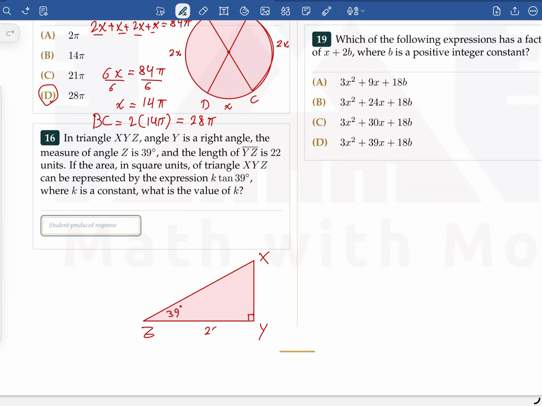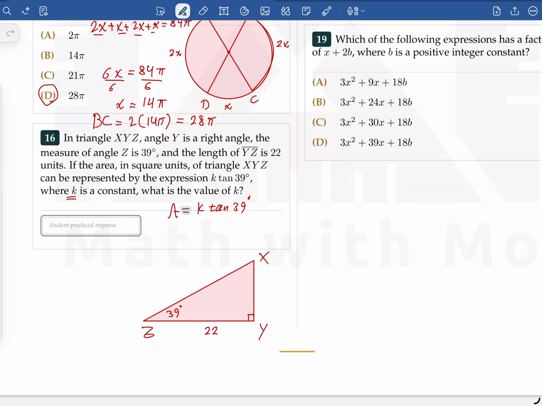YZ is 22. If the area in square meters of the triangle XYZ can be represented by the expression K tan 39, so the area is equal to K tan 39, then what is the value of K? The question says K is a constant.